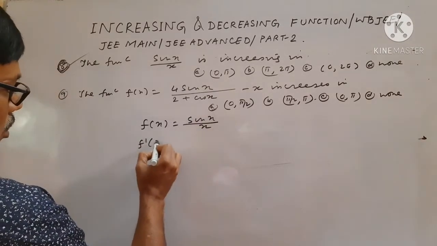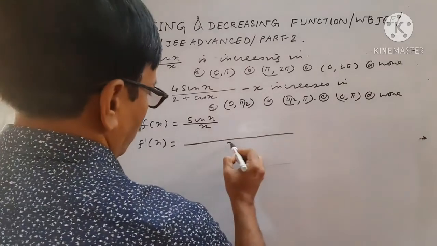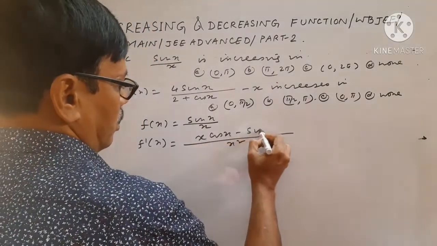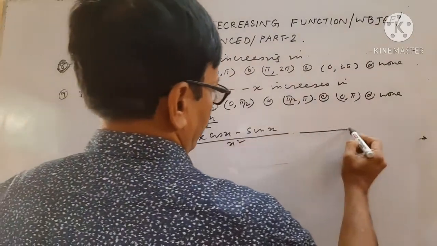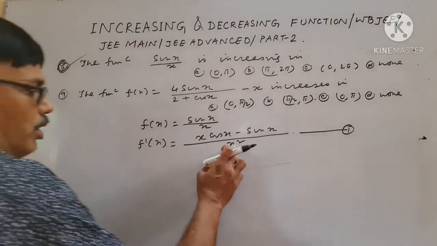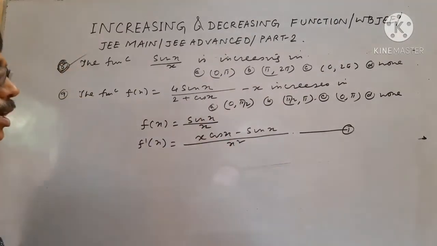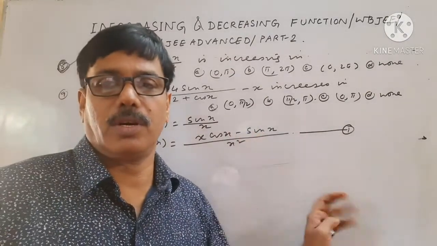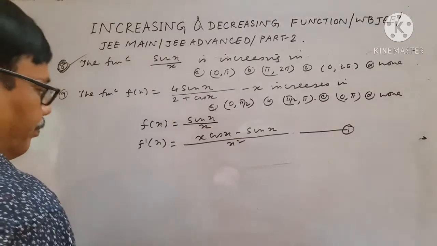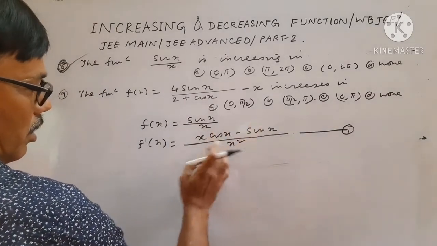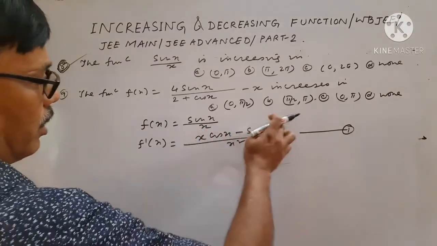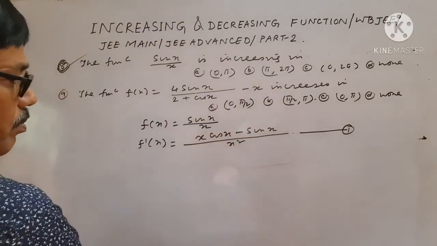So f dash x, by quotient rule, is x cos x minus sin x over x squared. Now the denominator is always positive, and the numerator we are not sure about. Look, it is a minus, so you cannot conclude that it is negative or positive.